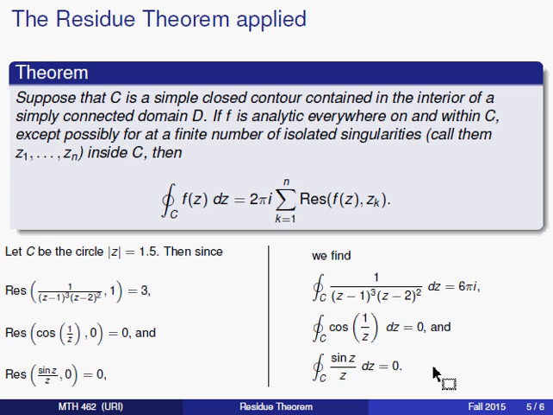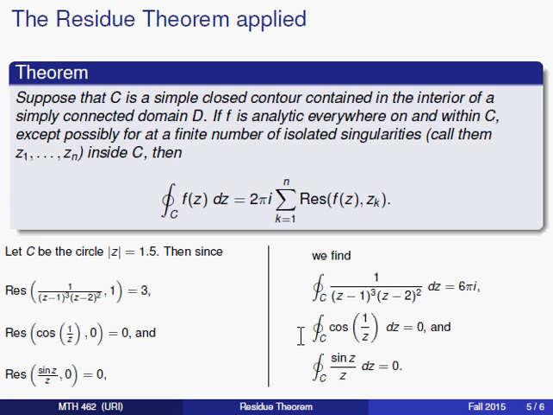Now as you take a look at this, you start to see why the residue theorem is such a powerful result. You'll recall that the Cauchy integral formula and the Cauchy integral formula for derivatives could have helped you evaluate this integral there, and they could have also evaluated this integral here if you had been able to break it up into partial fractions, say.